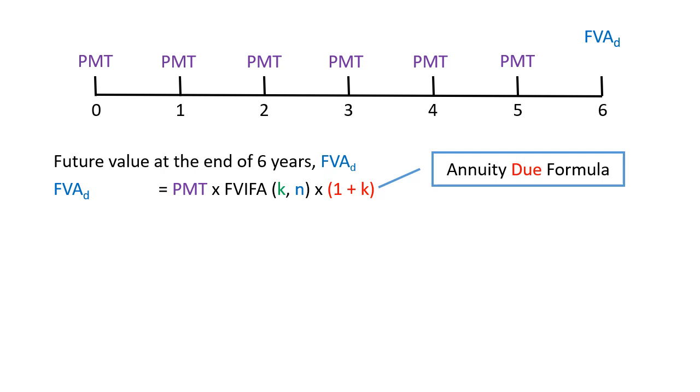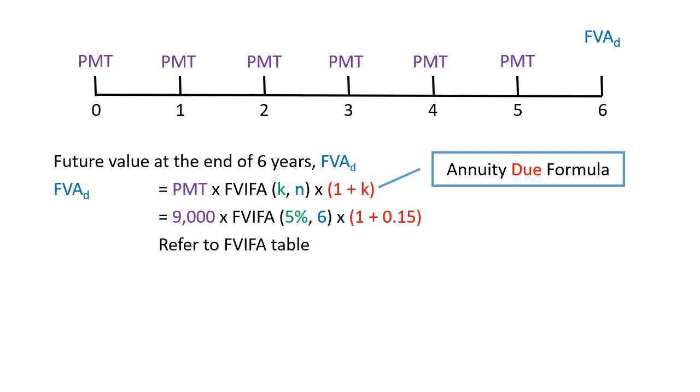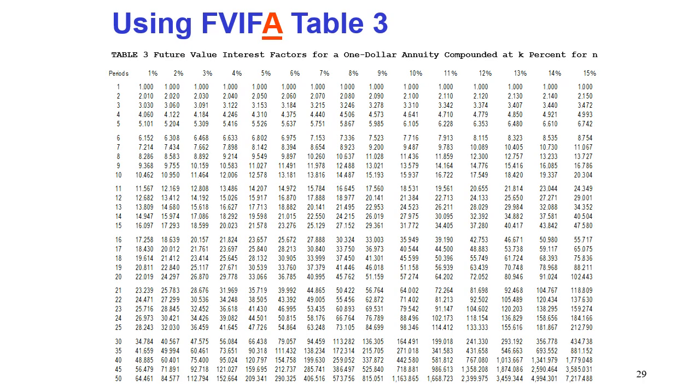This is the formula for annuity due. Please take note, there's a difference here, the addition of bracket 1 plus K. Substitute the figures in. Refer to the table. Make sure you get the correct table.